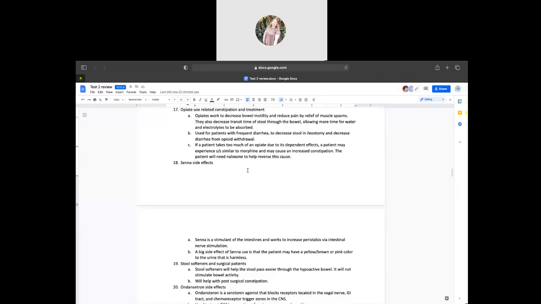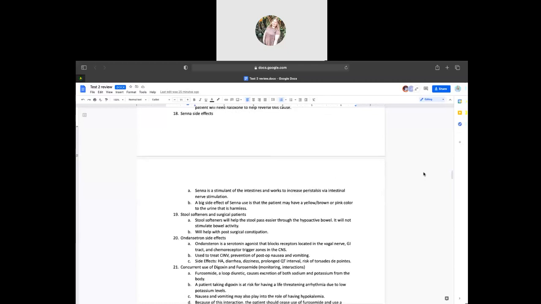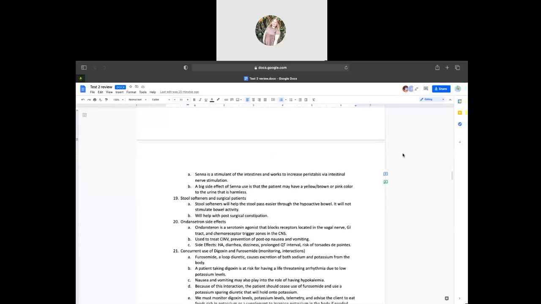Now we're going to talk about senna. Senna is a stimulant of the intestines and works to increase peristalsis through intestinal nerve stimulation. A big side effect of senna use is that the patient may have a yellow, brown, or pink color to the urine that is harmless. We must teach this side effect before we give the patient the medication so they know to expect this.